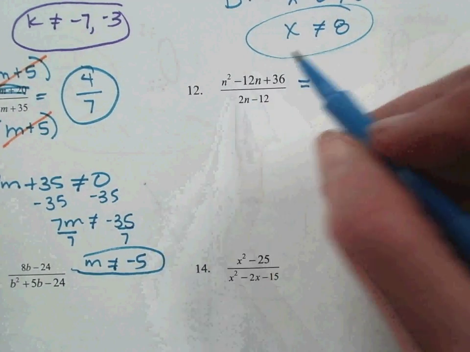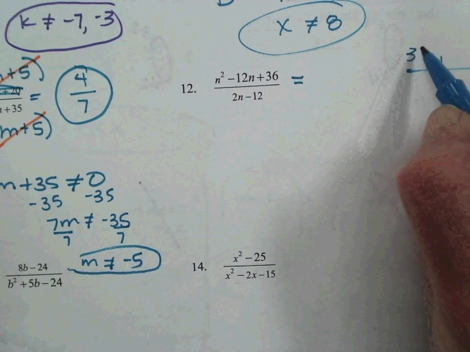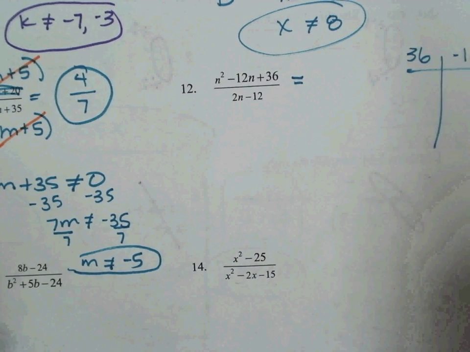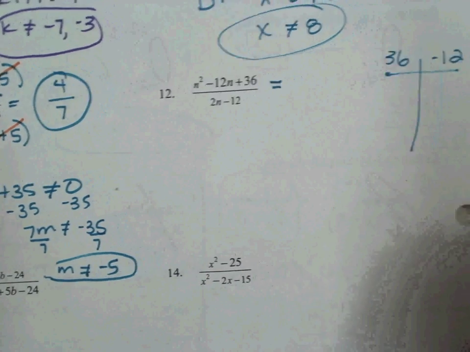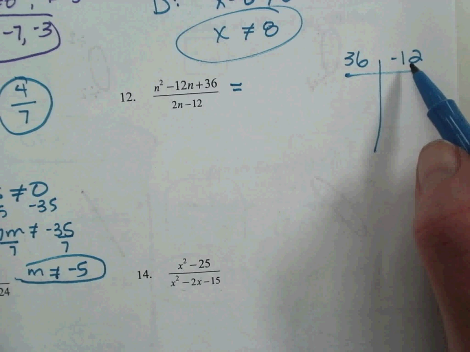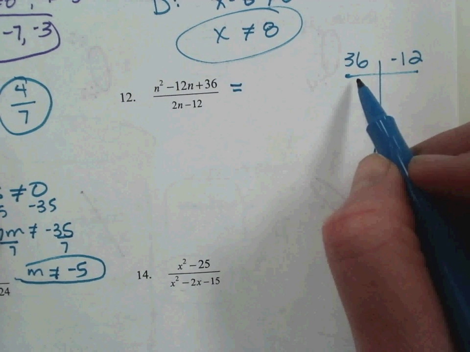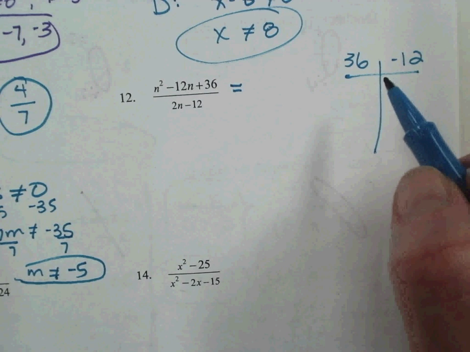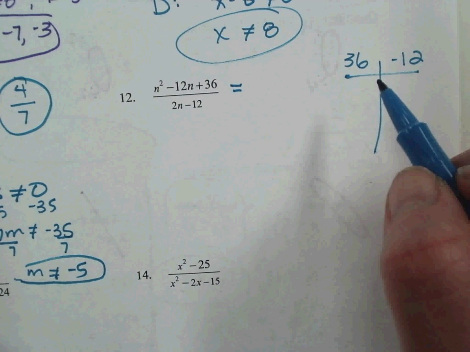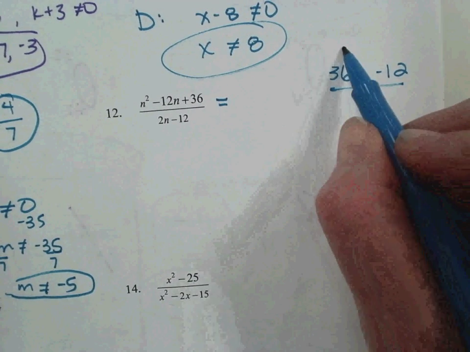On to number 12. Make a t-chart. So C is like x and B is y. How do you determine which one goes on which side of the chart?